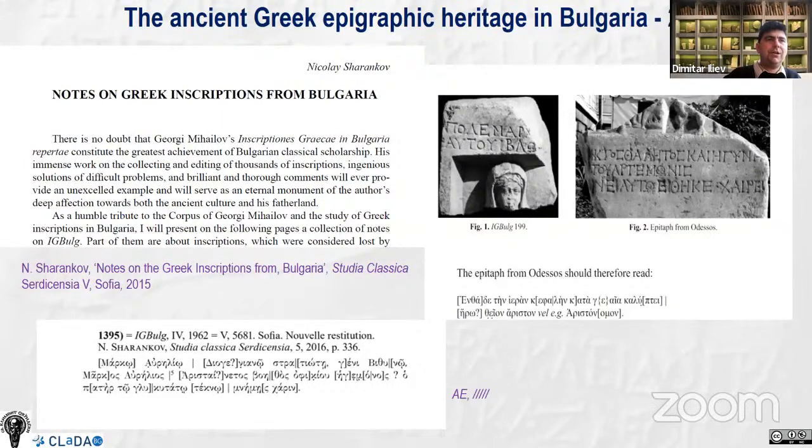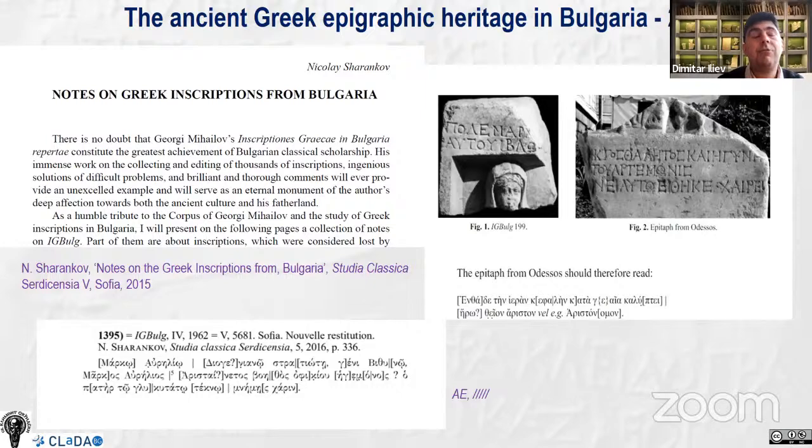As you can see here, the revised text of one of the publications in the 4th volume of Mikhailov's corpus, which was then corrected in the 5th volume, and a new restoration of some of the lacunae was proposed by Sharankov in an epigraphic.